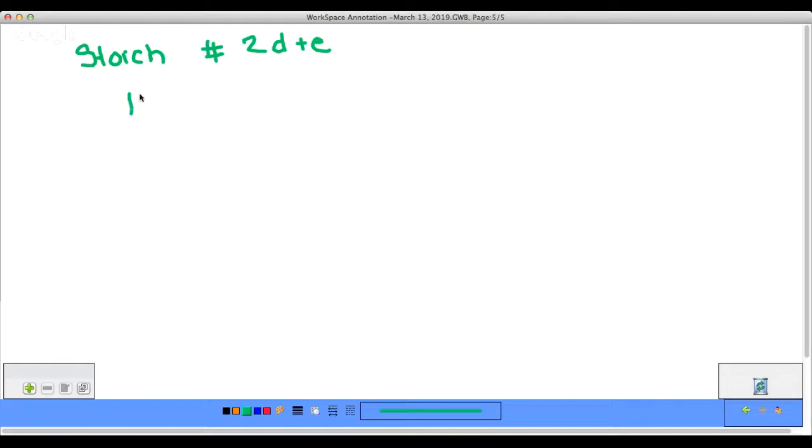We have potassium chlorate decomposing, and we are told that it turns into potassium chloride and oxygen. So we need to balance this. This has 3, this has 2, so I'm going to put a 3 here, a 2 here, and a 2 here. And so let's put our BCA table here.